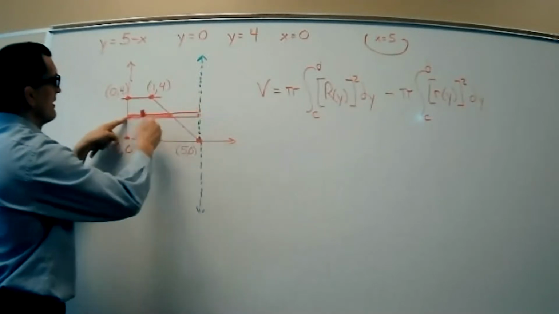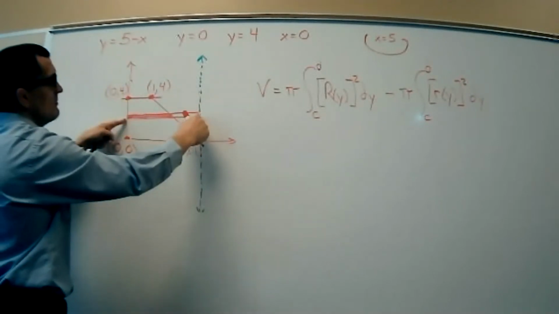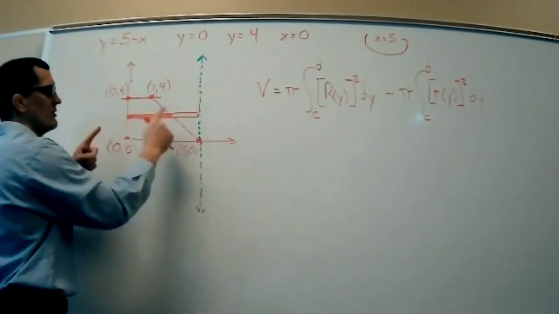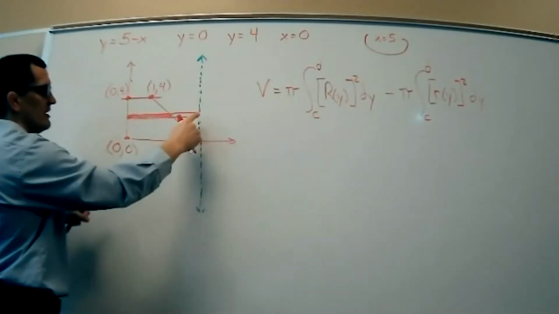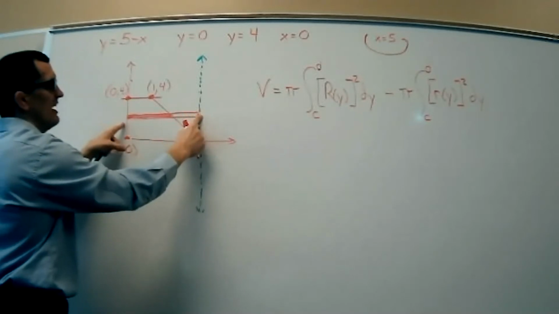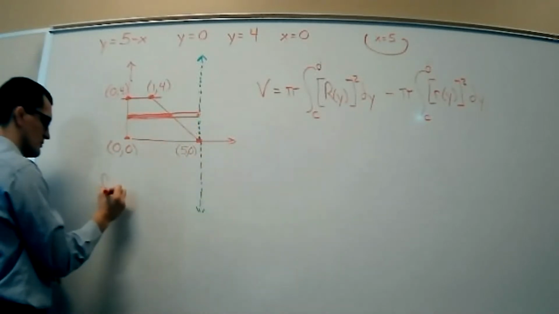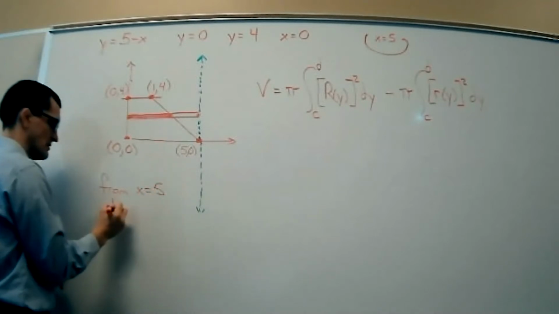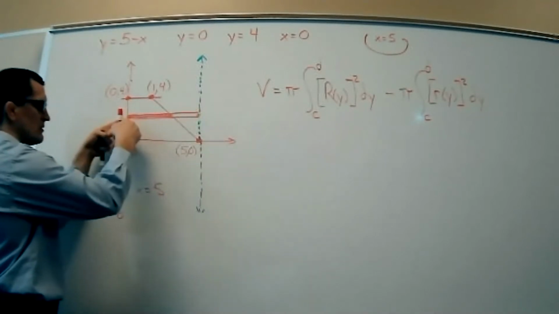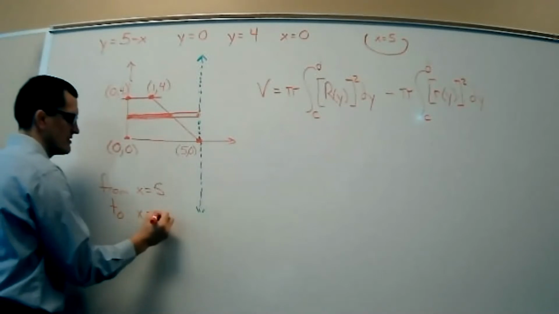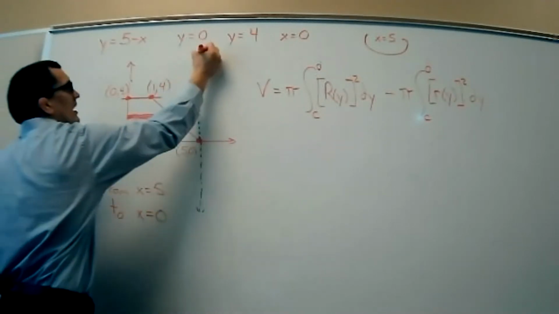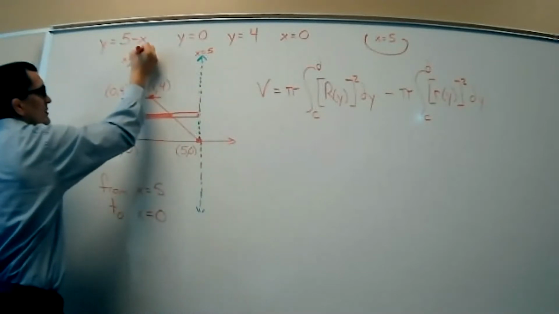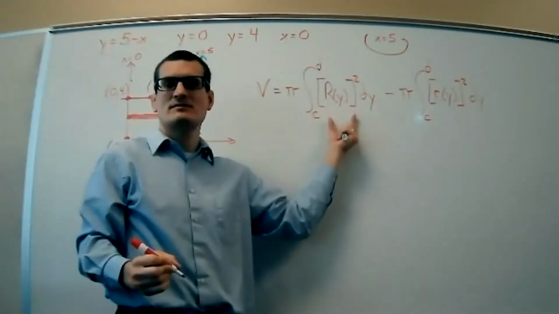So the large rectangle goes from the line, again, depending on whether I want to make my radius positive or not, whether I start at the right or left, from the line x equals 5 to x equals 0, right? From x equals 5, that's this line here, to x equals 0. That's going to be the radius.